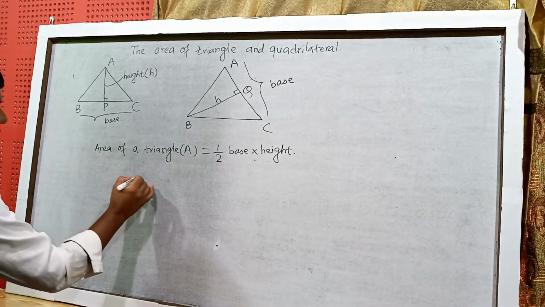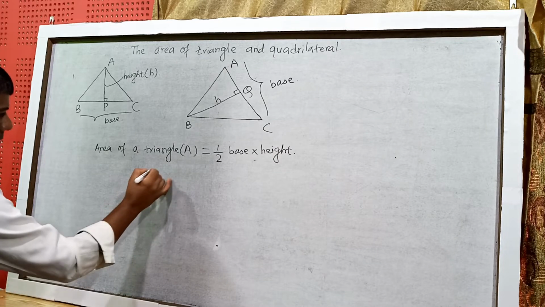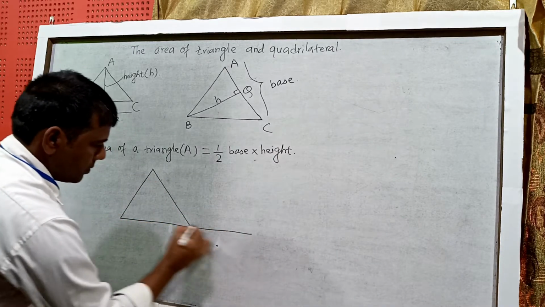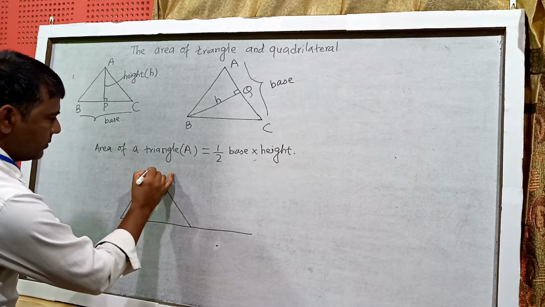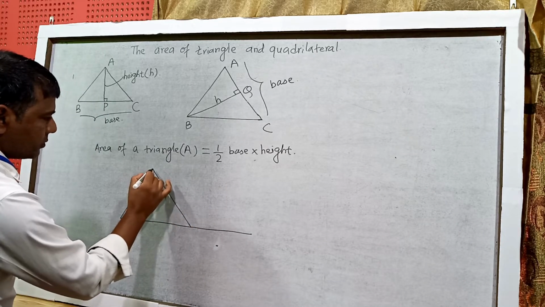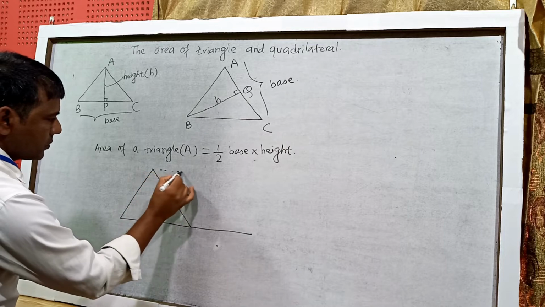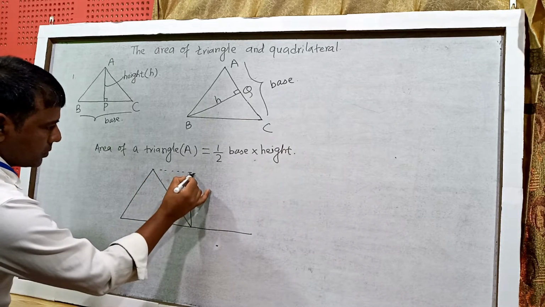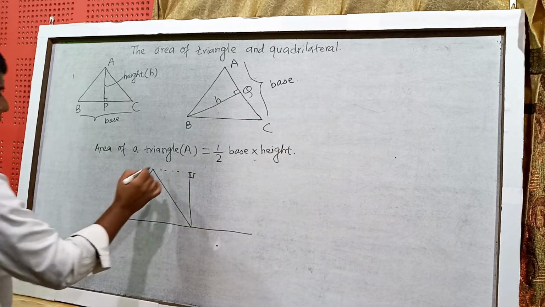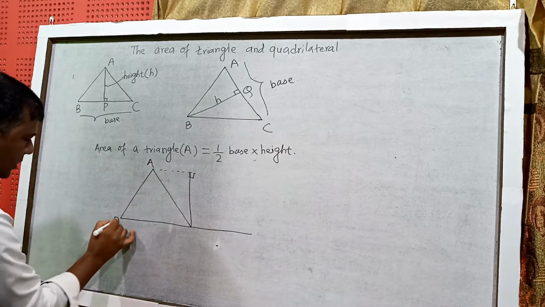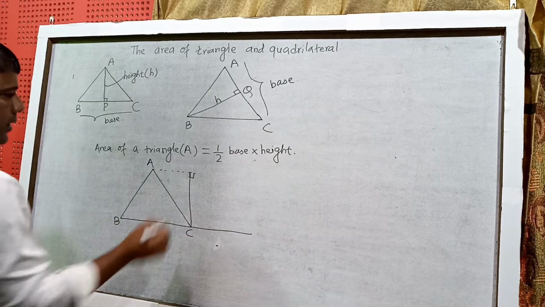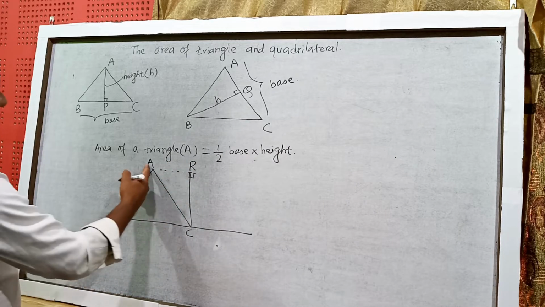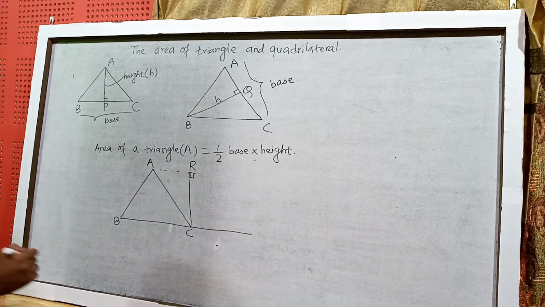In some figures, it is given like this. ABC is a triangle and CR is perpendicular to this line AR.